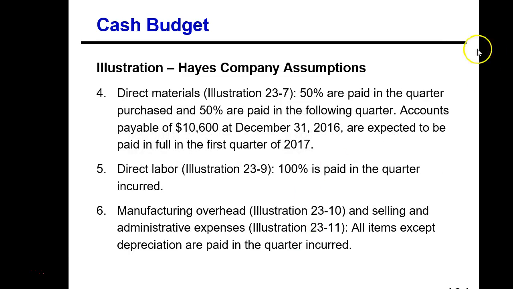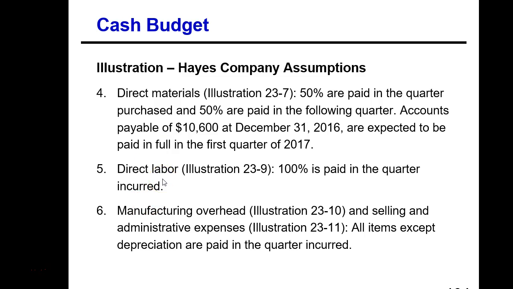Let's continue. Material costs: 50% of material costs will be paid in the quarter they were purchased. The other 50% will be paid in the following quarter. At the end of 2016, the amount that we owe was $10,600, and that amount we expect to pay in the first quarter of 2017.